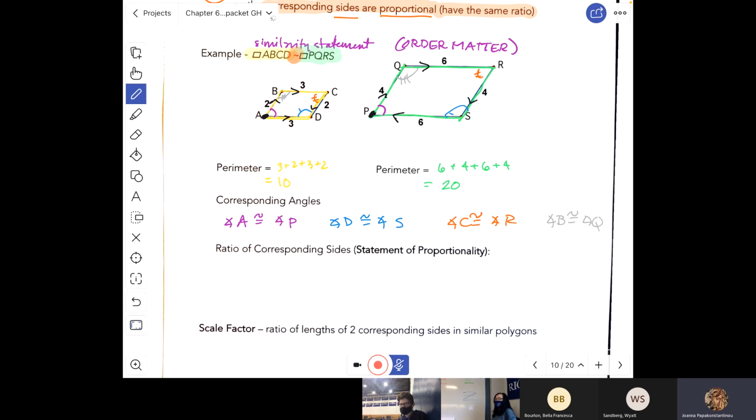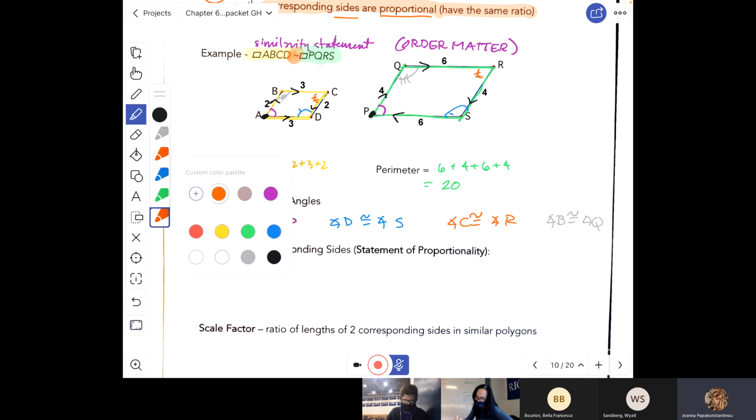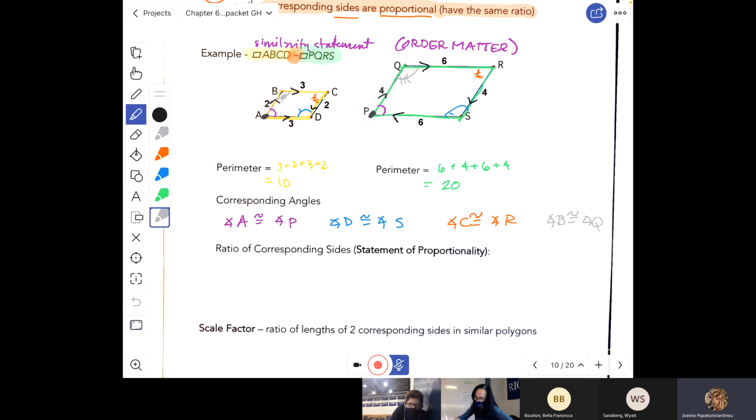So remember, for them to be similar, they have to have congruent angles and proportional corresponding sides. So let's look at the sides. Those are corresponding sides.